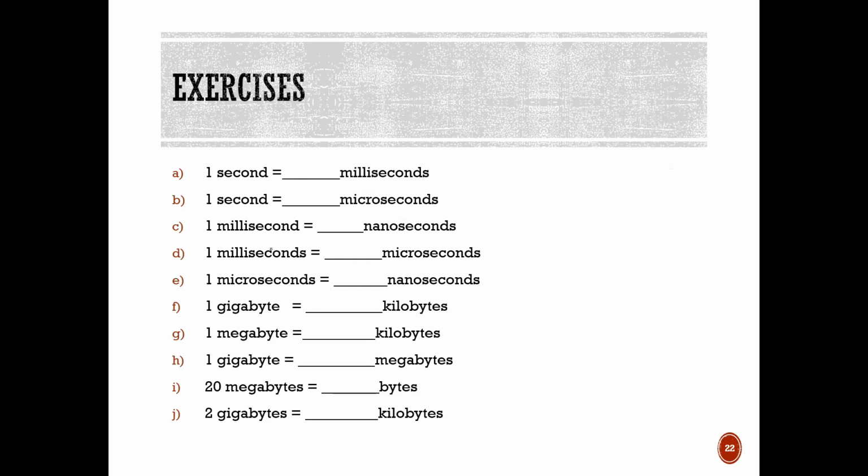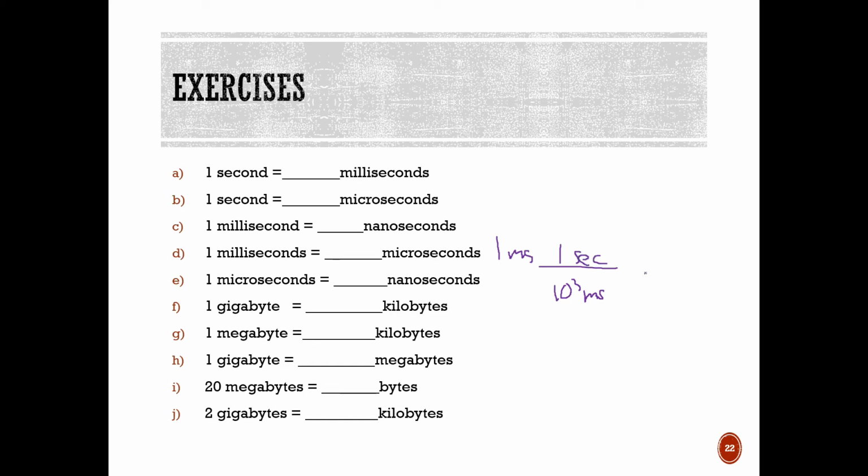Let's move on to the next one. 1 millisecond into microseconds. Let's do the same thing. If you guys know how to go straight from milliseconds to microseconds, go right ahead. This is just to help people that are first looking at these types of conversions, and it'll put something on the screen for them to practice. So for 1 millisecond, how many milliseconds in 1 second? 10 to the 3 milliseconds. Again, we want to convert to seconds.